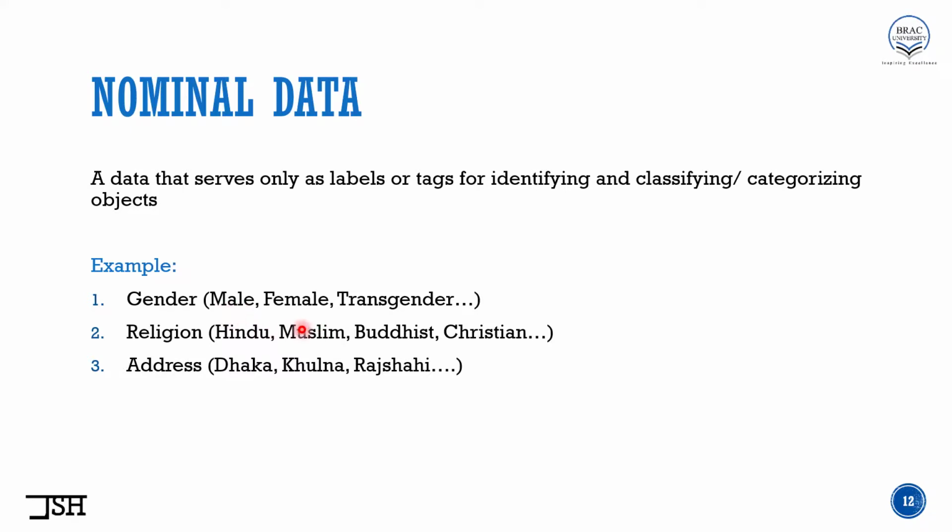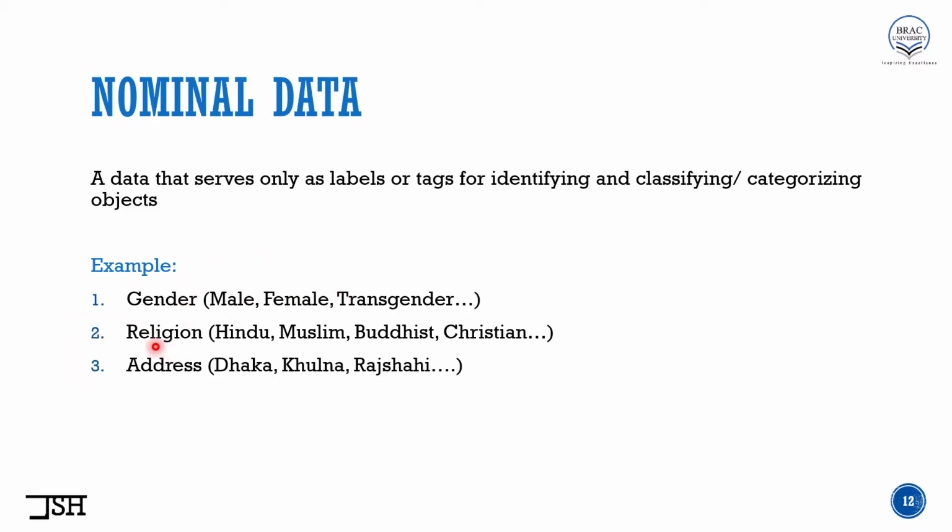Now as we can see here, we have male, female, and transgender. Now, can we by any chance say that male is better than female, or female is better than transgender, or transgender is better than male or female? No, we cannot say that. It is not possible. It is not true. So as we can see here, there is no given order between these categories. And that is why gender, religion, or address, these are not ordinal data.